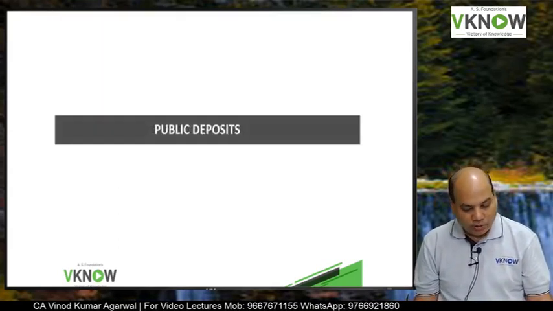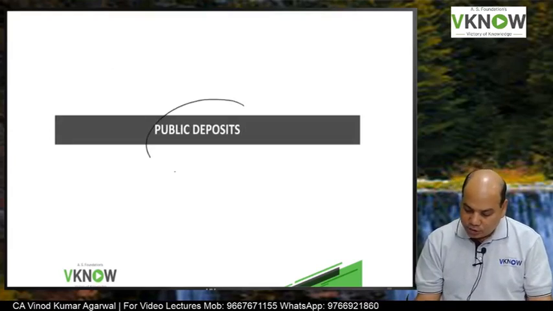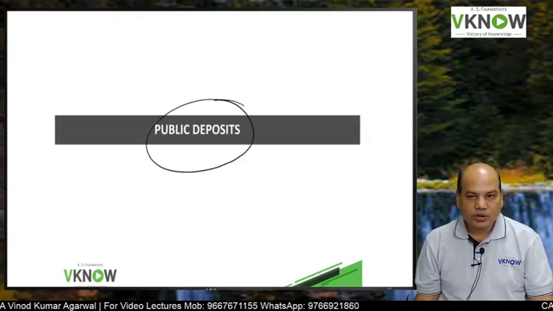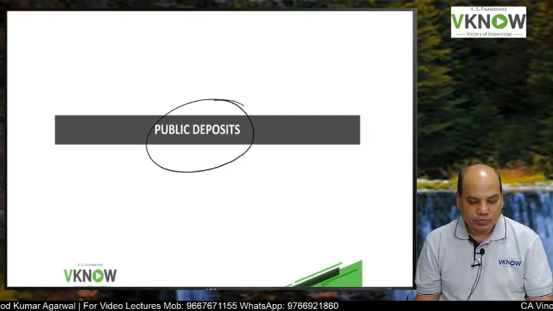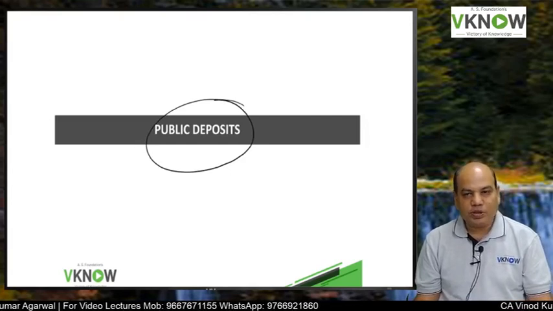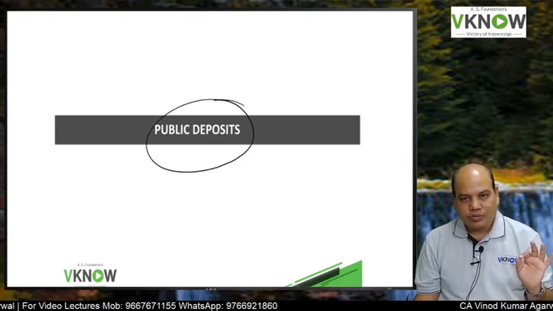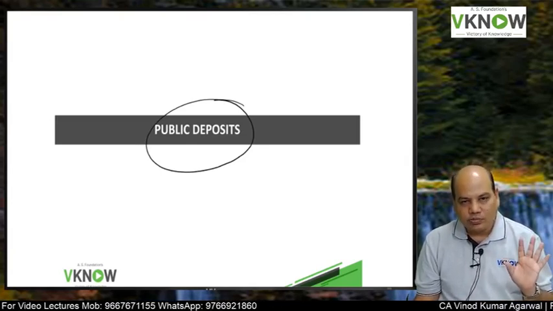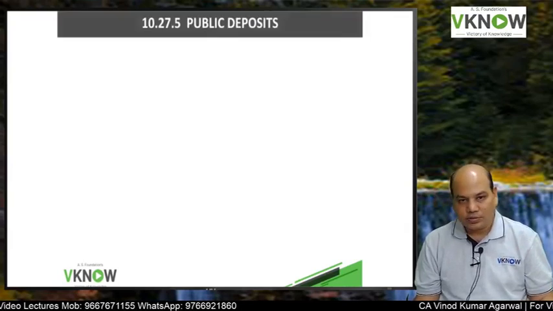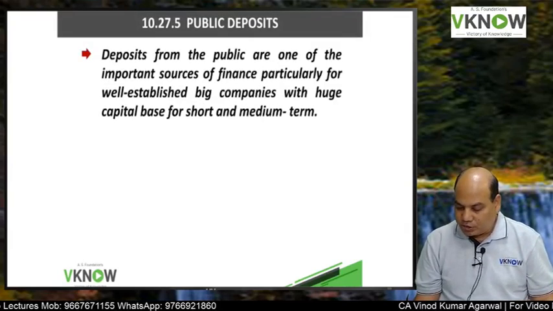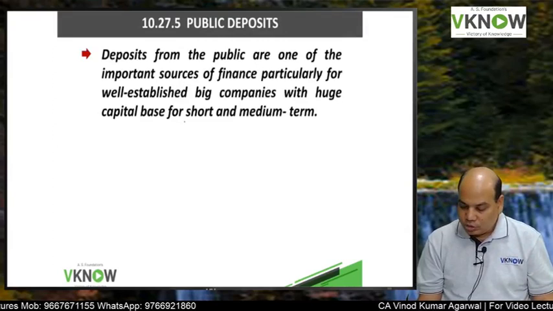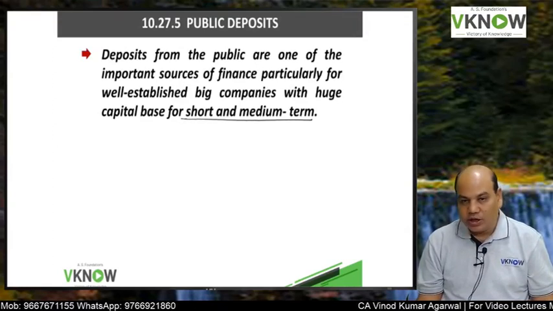Next is public deposit. Have you heard of public deposit in your law subject? Companies are allowed to raise money from the public by issuing public deposits which have a maturity of 3 years. And since it is 3 years, you can use it for short term to medium term only.